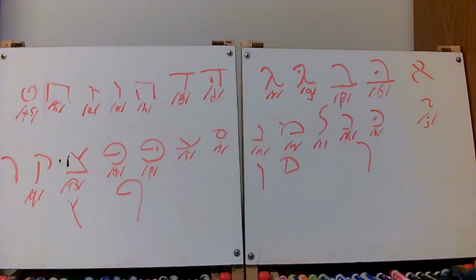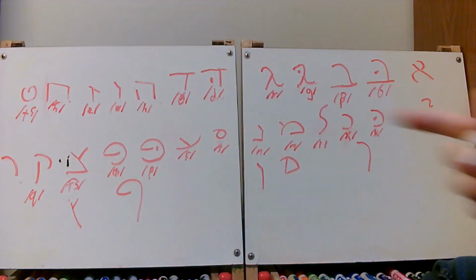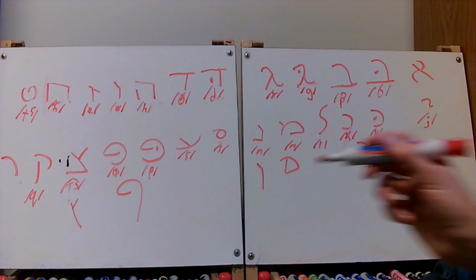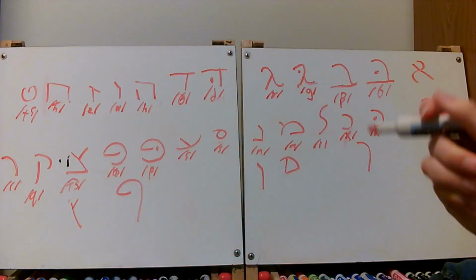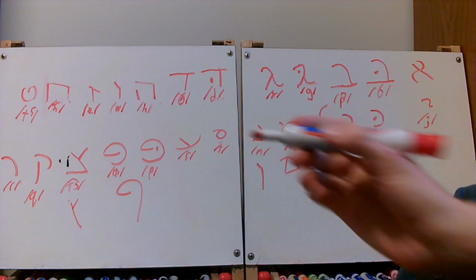That is the letter Reish. I made it kind of long. So, Reish actually has 3 sounds you can choose from for pronunciation, so I'm going to show them all. First, you can go with the voiced alveolar tap.